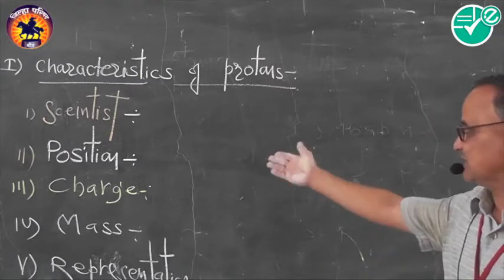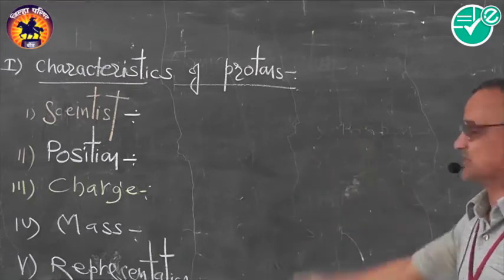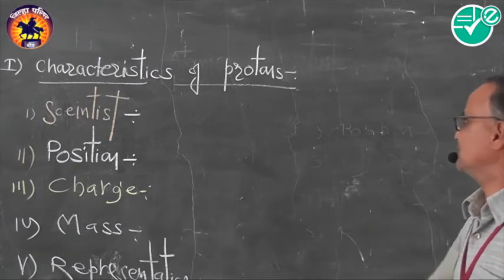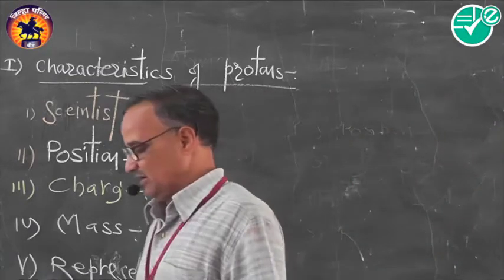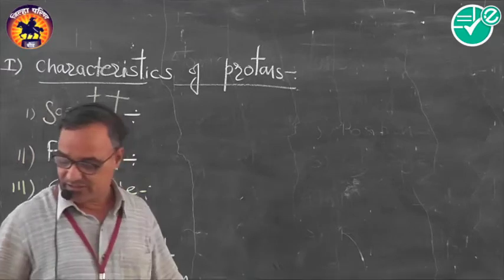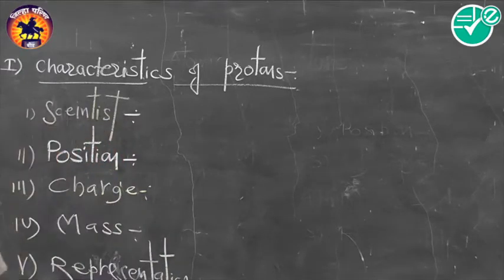So we have to discuss initially the characteristics or special features of protons regarding these 5 important points. The first one is the discovery of the proton, that is, who discovered the subatomic particle like the proton.